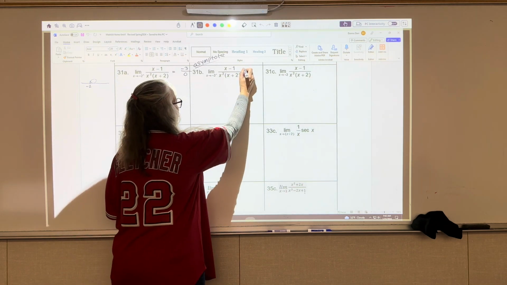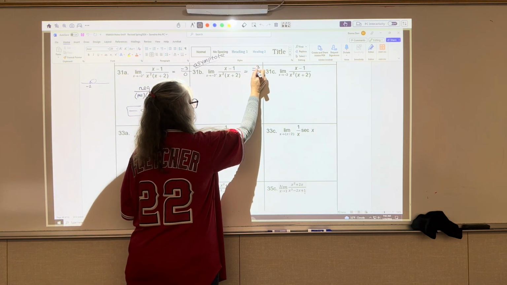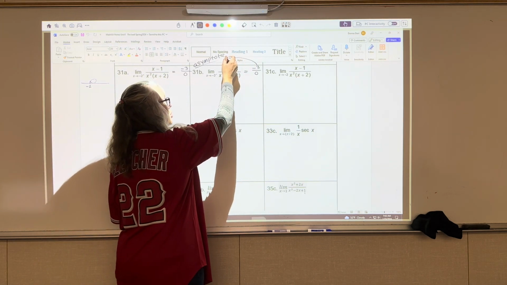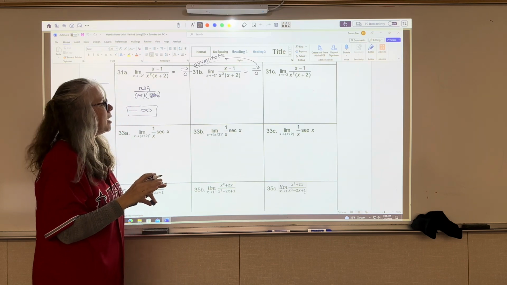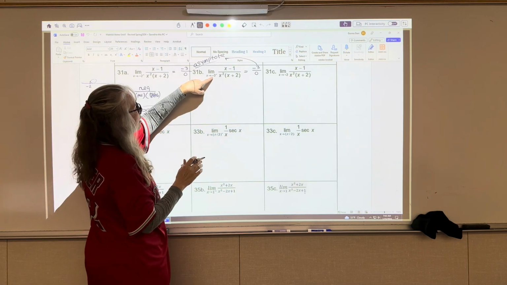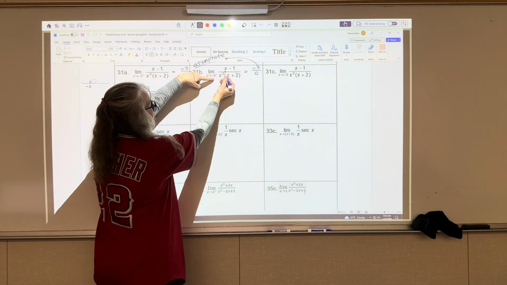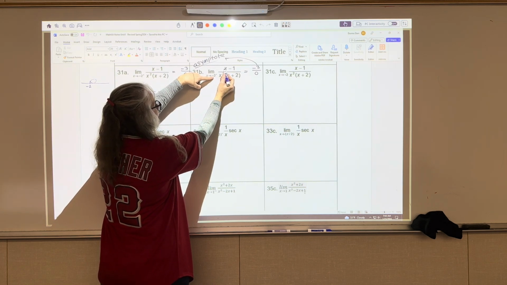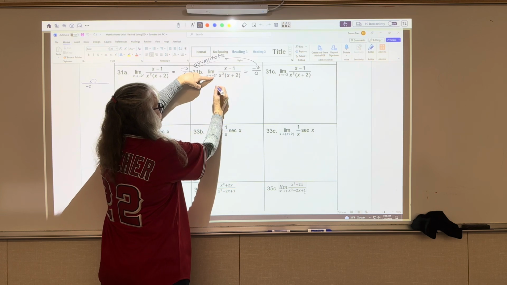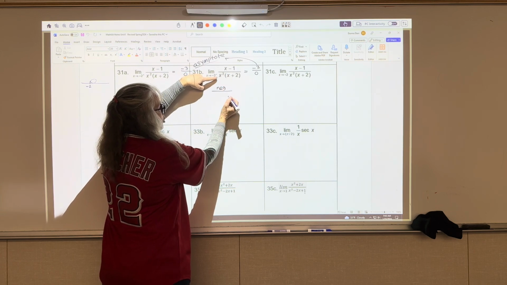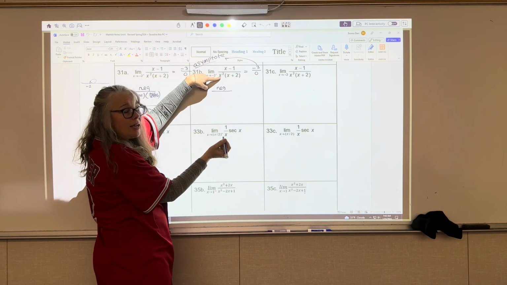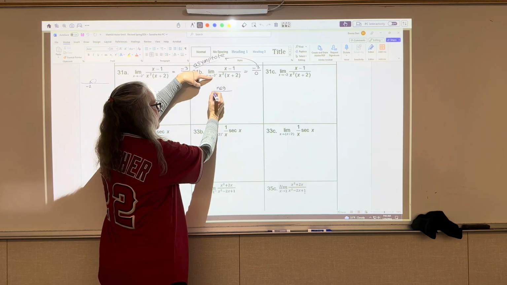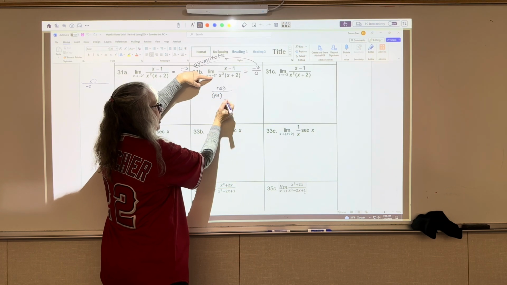We still have here, if we were just to do this problem on its own, -3 over 0, which is an asymptote. So we still have that same idea. As we approach -2, the numerator gets close to -3, but the inputs are a little bit smaller than -2. The numerator is still a negative value. Squaring something a little bit smaller than -2 is still positive, because when you square anything, it's positive.